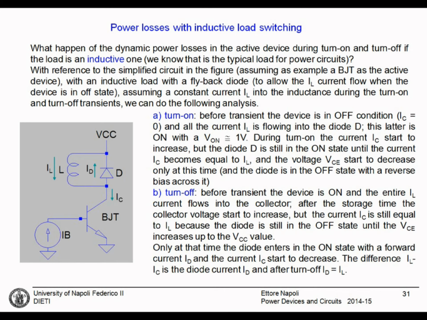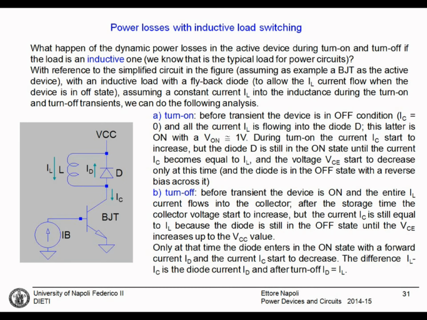What actually happens is that the device starts turning off. The voltage here increases, but the current does not decrease. Why? Because the only way to decrease the current through the device is having some current flowing through the diode.